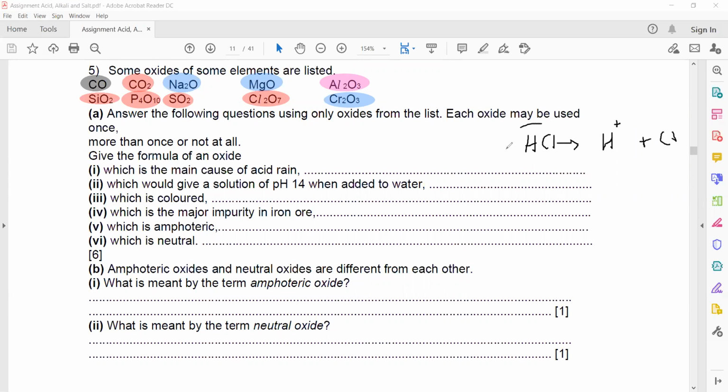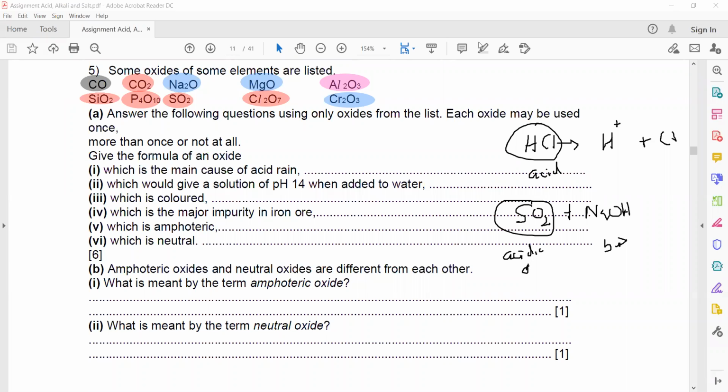So we call HCl an acid. But what is an acidic oxide? An acidic oxide means the oxide which can react with base. Like sulfur dioxide can react with sodium hydroxide. Sodium hydroxide is a base or alkali. So we call this oxide an acidic oxide.